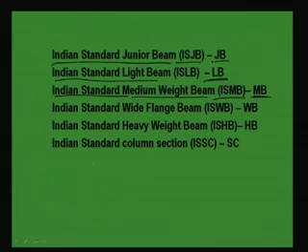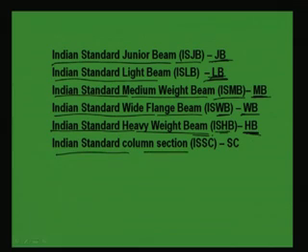So, different types of I sections are available, and mainly these are used for beams, which is why the names have been given this way. MB, medium weight beam; LB, light beam; JB, junior beam; WB, Indian Standard Wide Flange Beam; HB, Indian Standard Heavy Weight Beam, ISHB or HB. Indian Standard Column Section, ISSC or SC, like this we use.